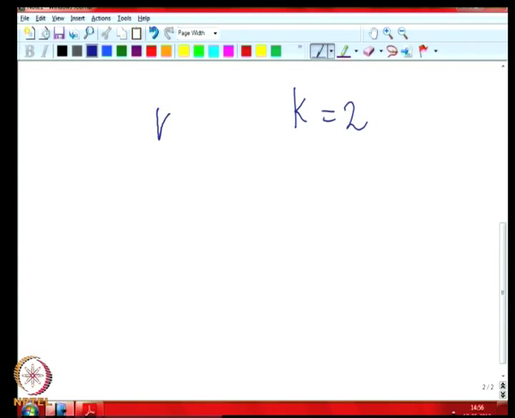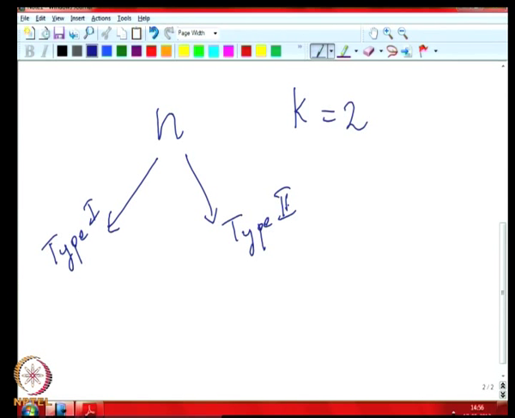Out of n things we have to put into 2 types, type 1 and type 2, the remaining should go into type 2. So type 1 we have n1, and type 2 we have n minus n1.